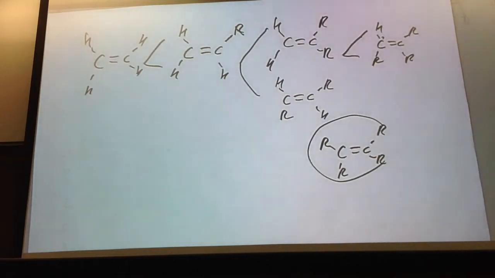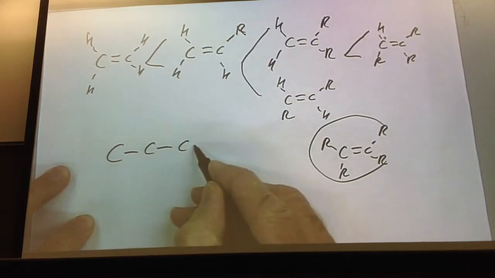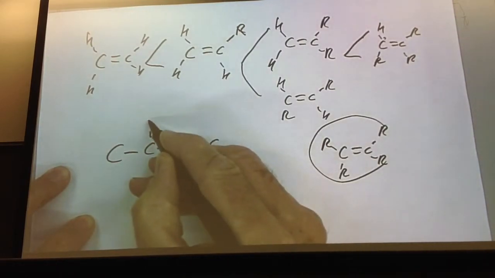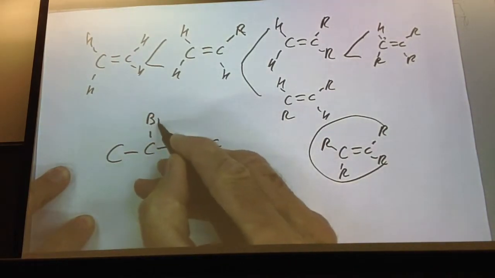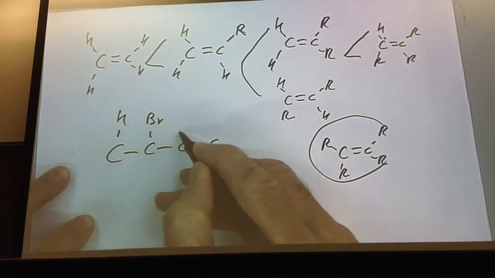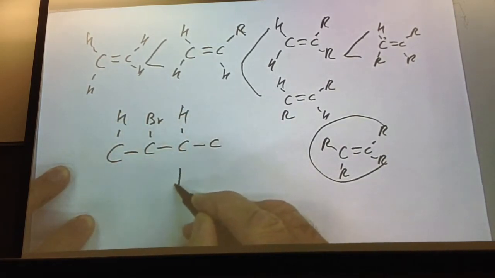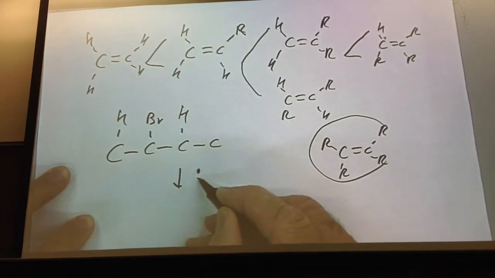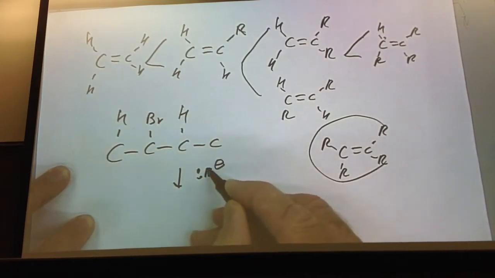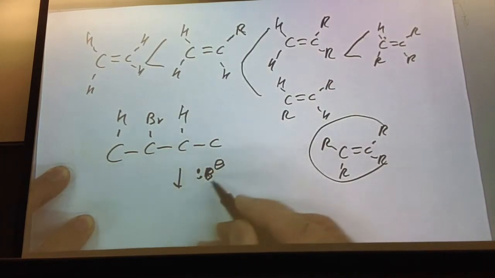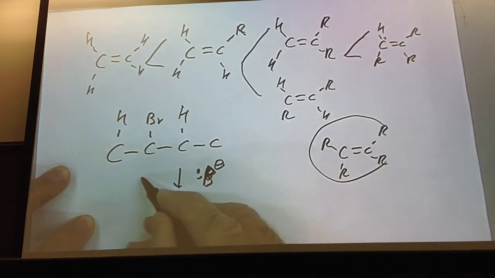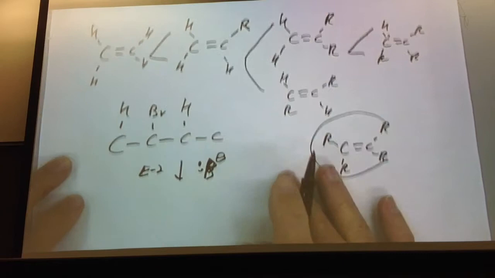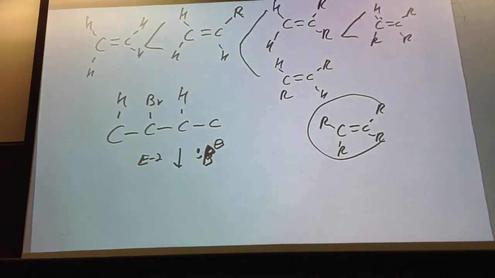So for instance, if you have this, and you have a halogen, let's put bromine here, and let's add a strong base. And I tell you that elimination will take place, and substitution won't. So what is going to be the product?